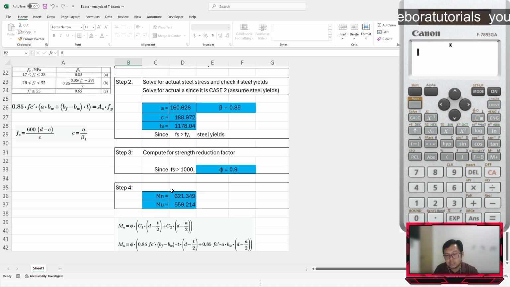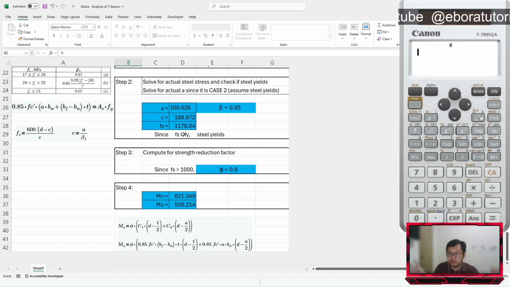By the way, this Excel file is not yet complete. If ever the steel does not yield, which is very seldom for T-beams, you might not even need to check. For T-beams, especially when the steel is at the bottom, because of the very large concrete area, steel will always yield first instead of concrete crushing.